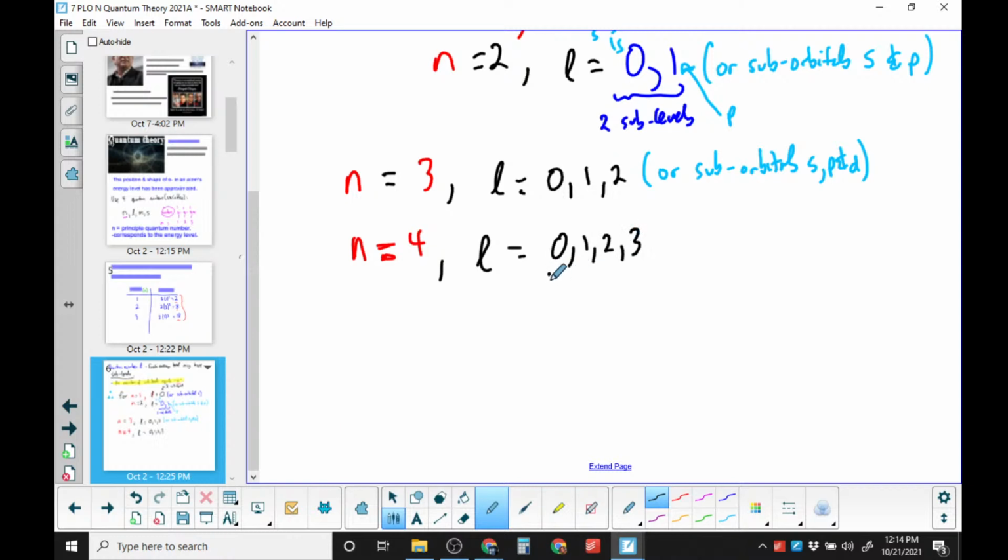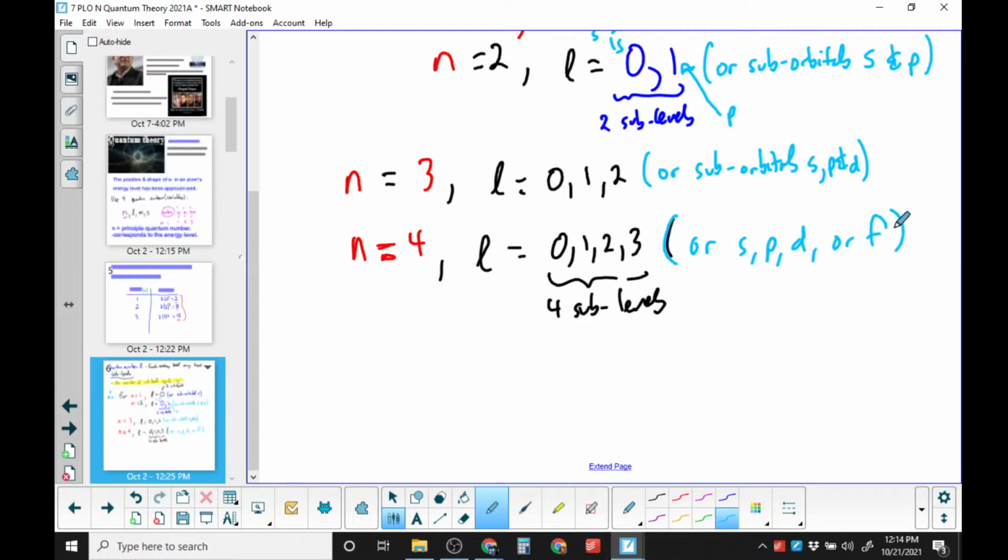And so now we have four sublevels, or S, P, D, or F. 0 is S, 1 is P, 2 is D, and 3 is F.